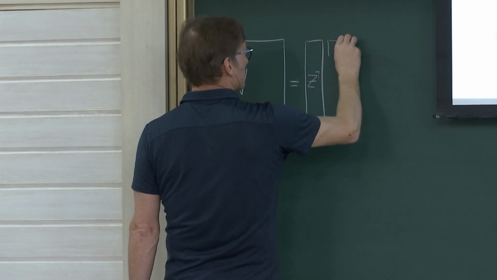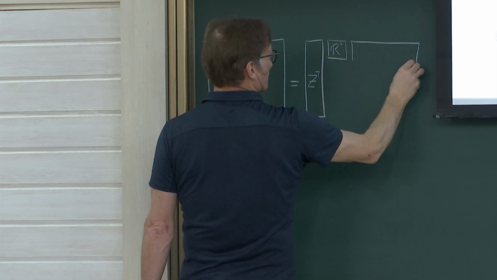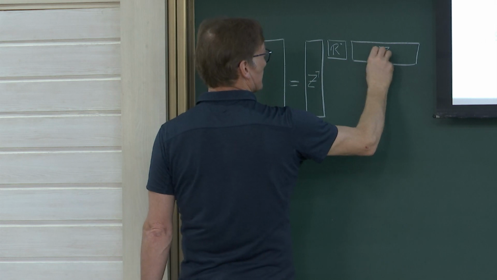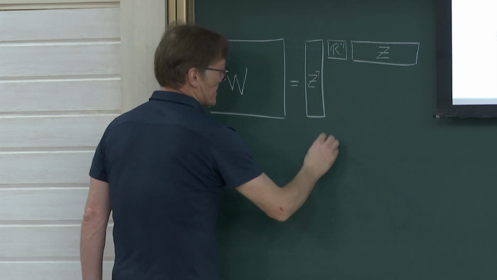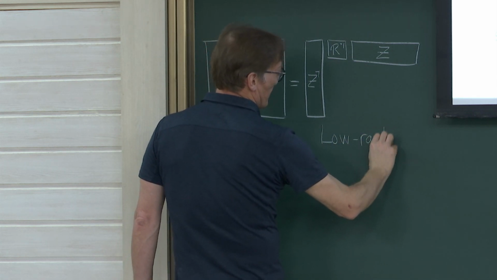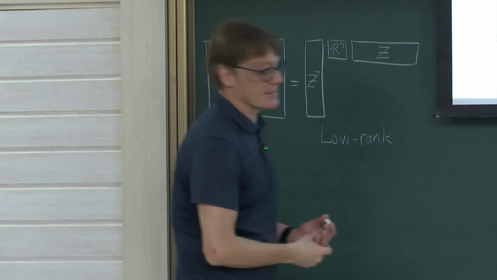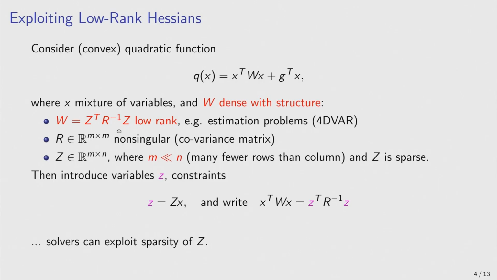Then you have a little matrix, R inverse, and a short and fat matrix, Z. And so this is a low rank matrix, and the rank of this matrix is at most m, the number of rows in Z. And if you do that, there's a very simple trick.